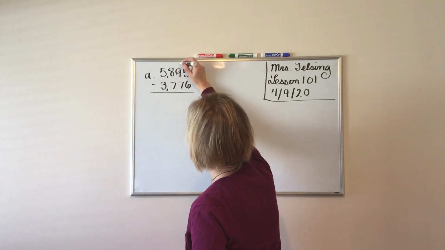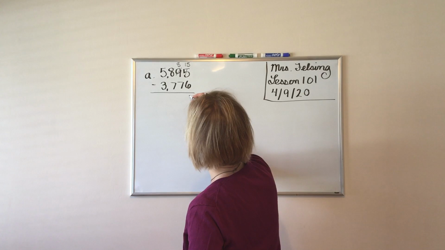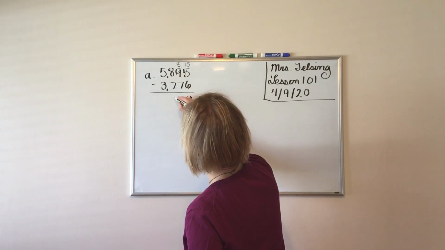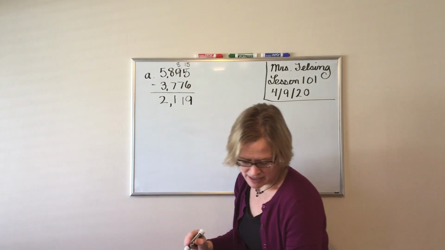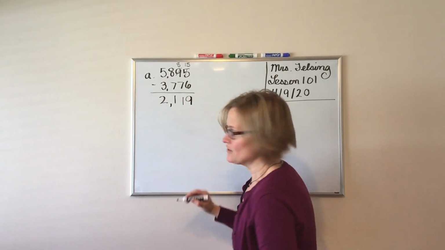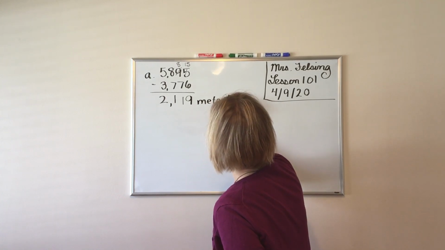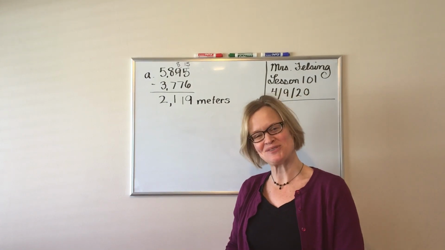Well, you can't do that. So 15 minus 6 is 9, 8 minus 7 is 1, 8 minus 7 is 1, and 5 minus 3 is 2. And it's asking for meters, so it would be 2,119 meters. I hope that you understood that one.